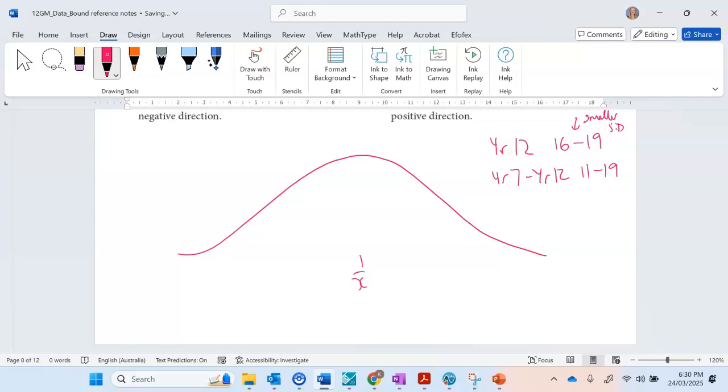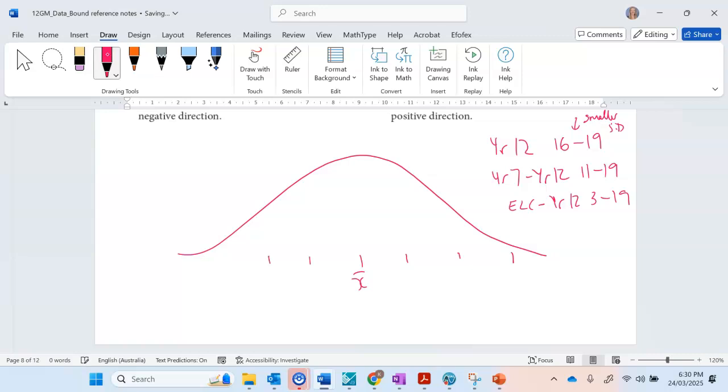And if you had a school that was maybe ELC, so kinder, early learning centre, to year 12, you might have kids who are 3 all the way up to 19. So it's even more spread out. So the standard deviation just tells us how far away we are from the mean. So with the normal distribution, we always go 3 standard deviations either side.